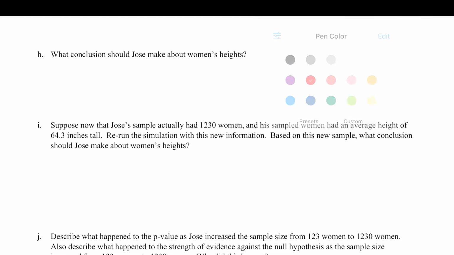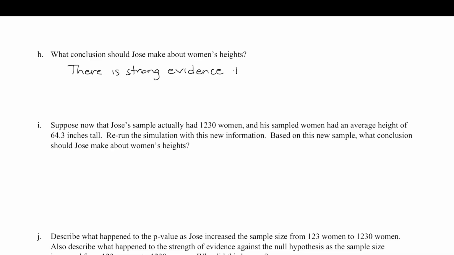All right, so in conclusion, the conclusion usually is about the alternative hypothesis. What conclusion should Jose make about women's heights? There is strong evidence for the alternative, but again, I need to write that in context.